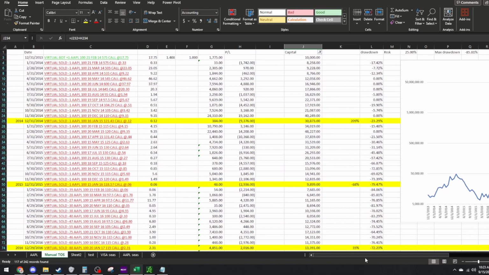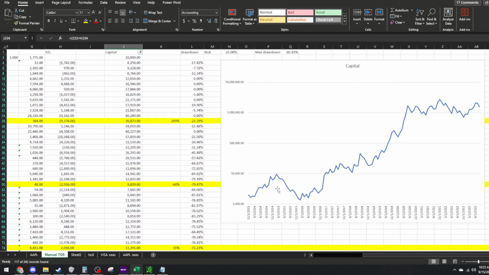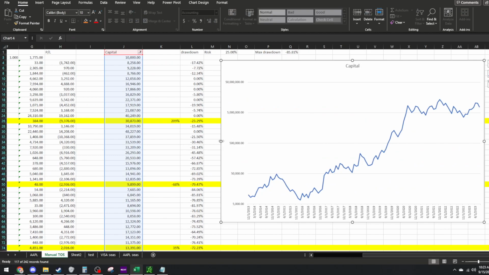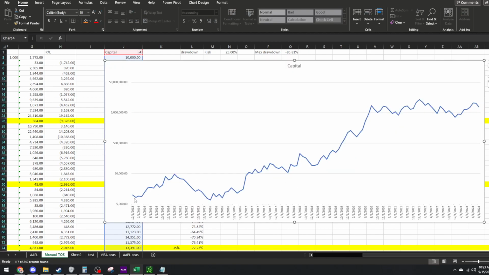If you want to look at the equity curve here, this is what it looks like. Pretty neat, but it's volatile, right? So for this strategy to actually work, it's more of a psychological thing where you've got to be okay with losing money. The whole point of this strategy is you're risking a lot per trade. I base this strategy off of the random walk theory.